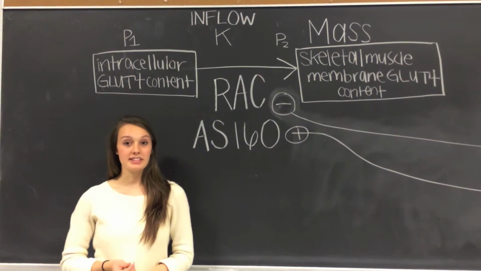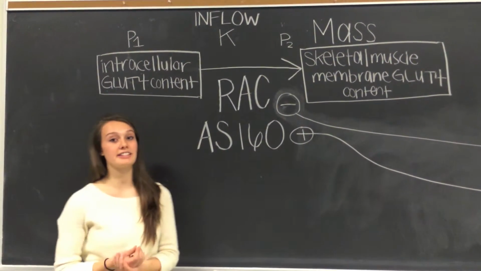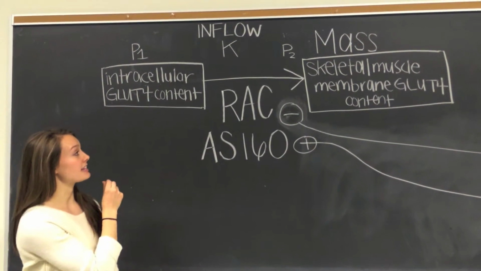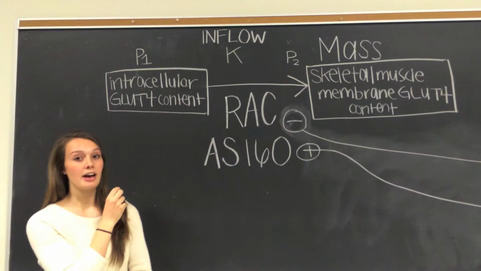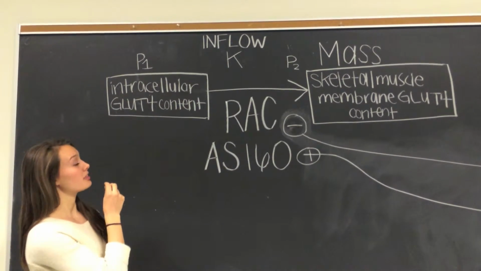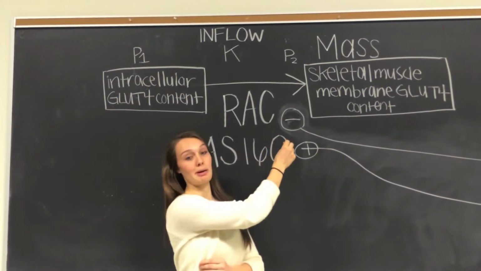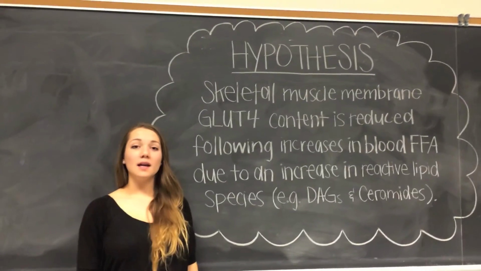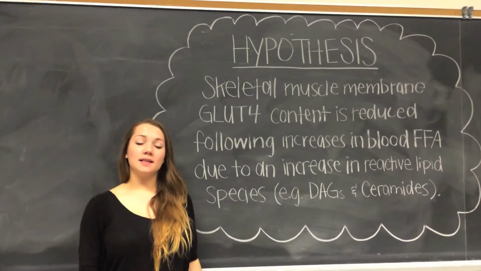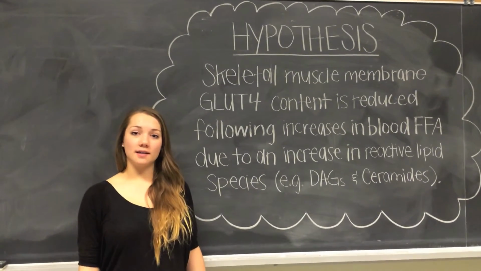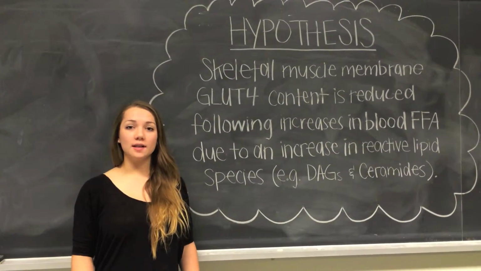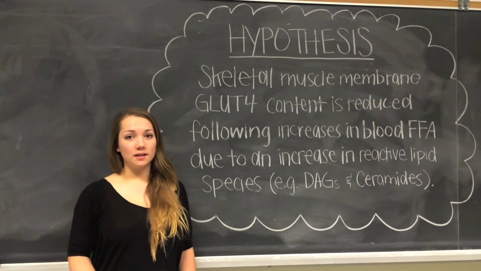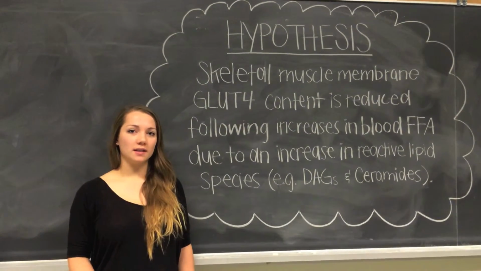With the decrease in phosphorylation of our conductance factors, RAC and AS160, we would expect to see a decreased translocation of GLUT4 from the cell to the skeletal muscle membrane. Therefore, we hypothesize that skeletal muscle membrane GLUT4 content is reduced following an increase in blood free fatty acid due to increases in reactive lipid species, for example, DAGs and ceramides.